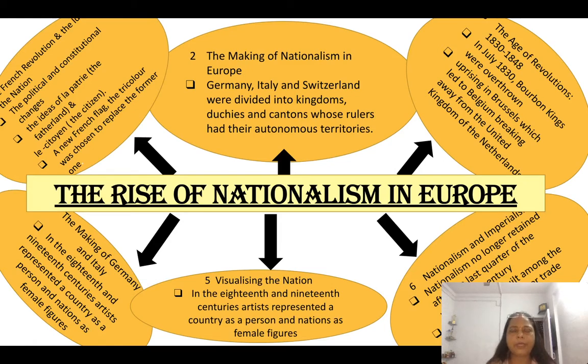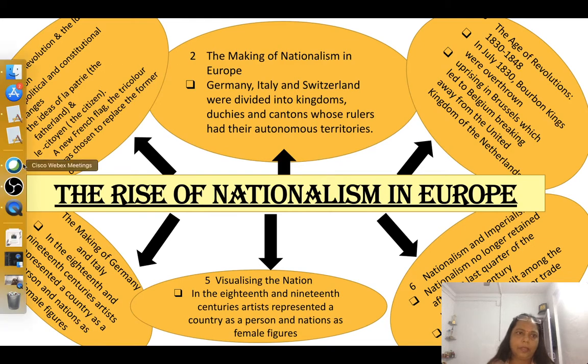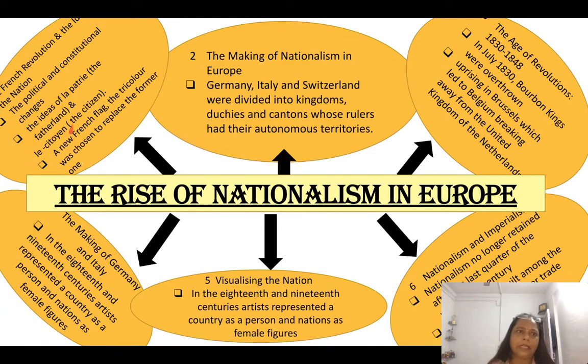So various measures and practices were introduced, such as the idea of la patrie, the fatherland, and le citoyen, the citizen, and a new French flag, the tricolor, was chosen to replace the former one. This is the way the concept of a nation came into existence.